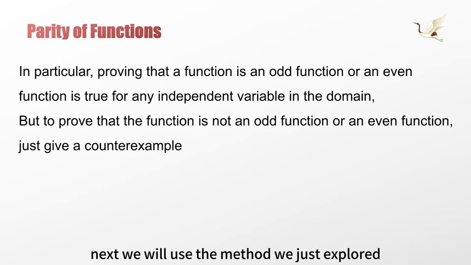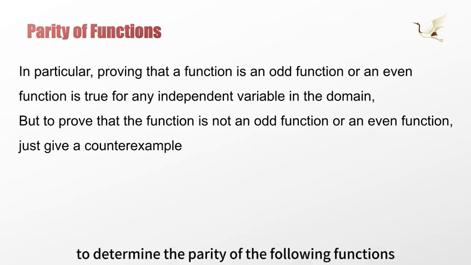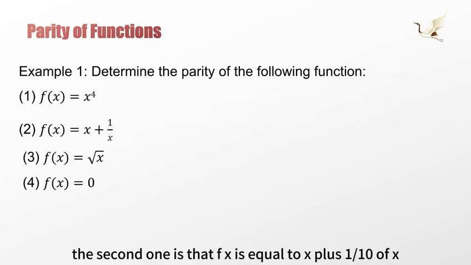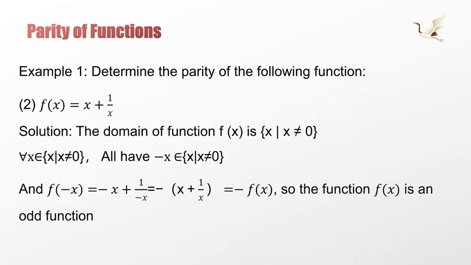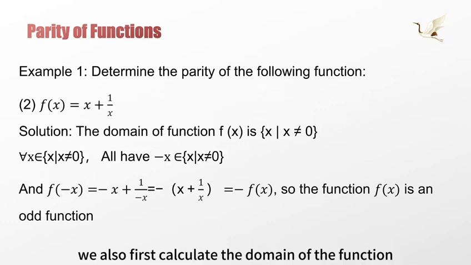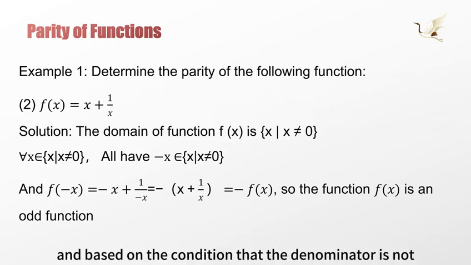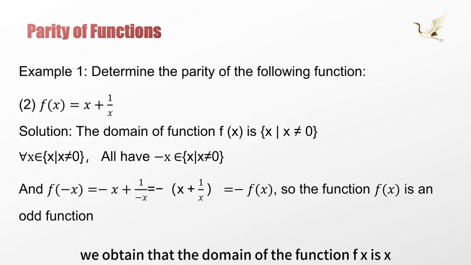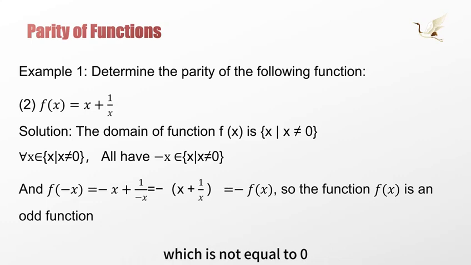Next, we will use the method we just explored to determine the parity of the following functions. The second one is f(x) equal to x plus 1/x. We also first calculate the domain of the function, and based on the condition that the denominator is not 0, we obtain that the domain of the function f(x) is x not equal to 0.